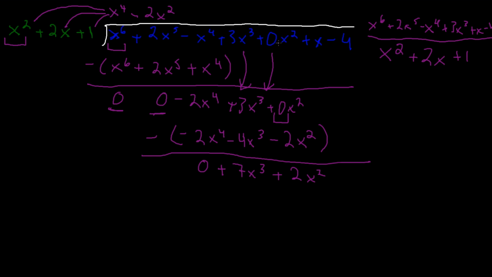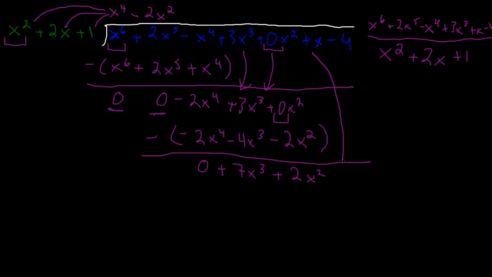And this is really what this problem is saying. We have this placeholder value 0 here because the x squared term is missing from the original function. So whenever a term is missing, you need to replace that term in long division with 0 times x to whatever power is missing. So I will move on.